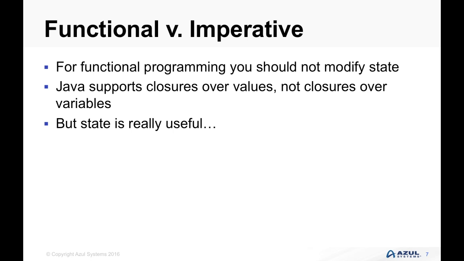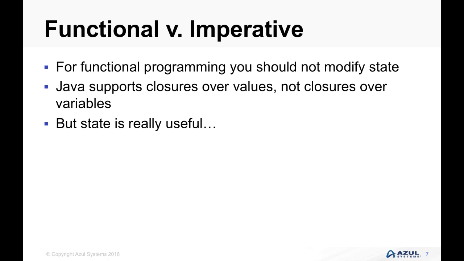So the function itself doesn't maintain any state which would affect the result. That's very important, and it also allows streams to work very well if you want them to do things in parallel. If you're not modifying state, then you can do things in parallel without having to worry about contention, locking, and all those sorts of things.